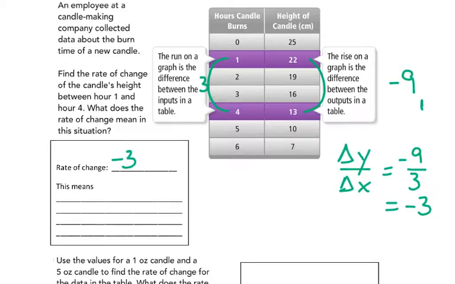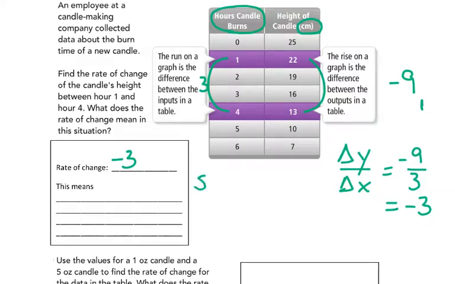Now, most importantly is that you realize what the rate of change tells us. We did the height of the candle over the number of hours the candle burns. So what we just figured out is that the height of the candle goes down 3 centimeters every hour. We found the unit rate.